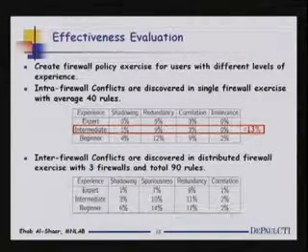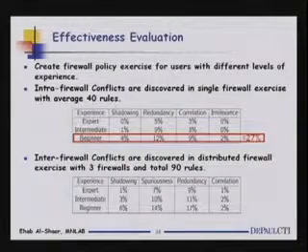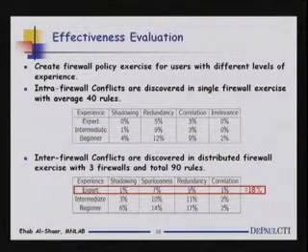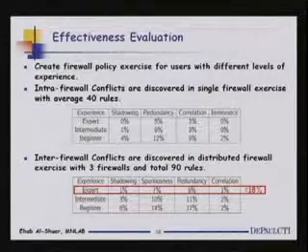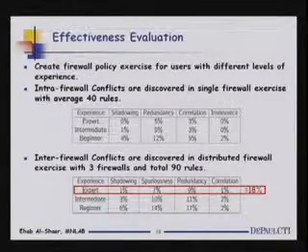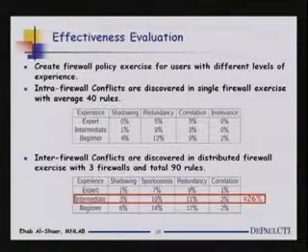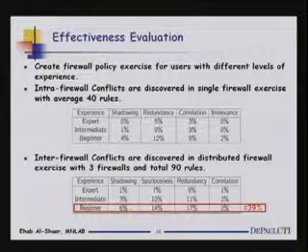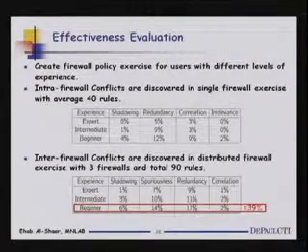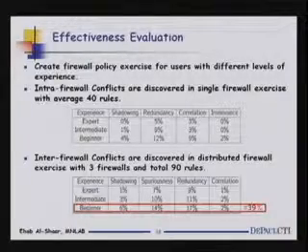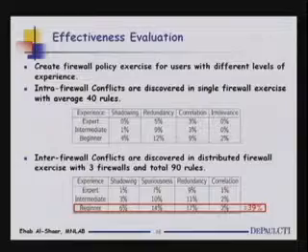In a single firewall, the first table up there is a single firewall. 27% for beginners. In the enterprise distributed firewall connections here, you can have up to 18% of errors on the expert side. On the intermediate side, 26%. On the beginner side, it is almost useless. It's 40% of errors. 40% means every 100 rules, 40 rules might be faulty. This is a real life experiment we have done to show this.